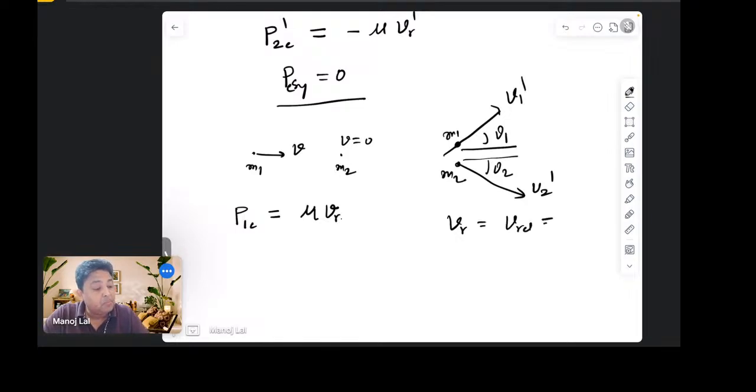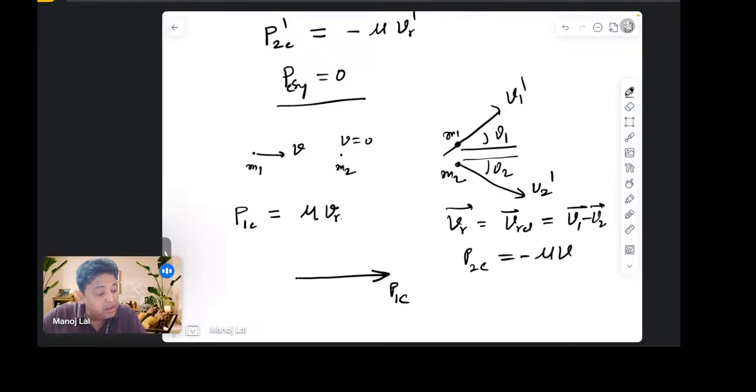That is V1 vector minus V2, which is V minus 0. So vectorially, P1C is this, and P2C, we got, is minus V relative times mu, which means it is this.